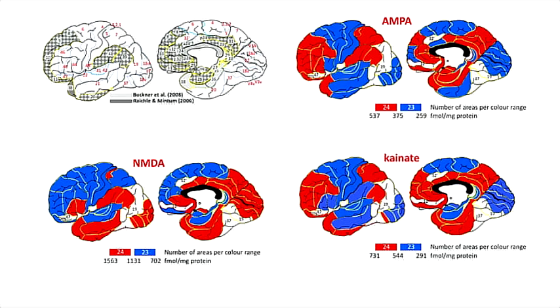My conclusion, and I will show you a few more examples, a single receptor does not define default mode network or resting state network. Let's go to the next receptor.